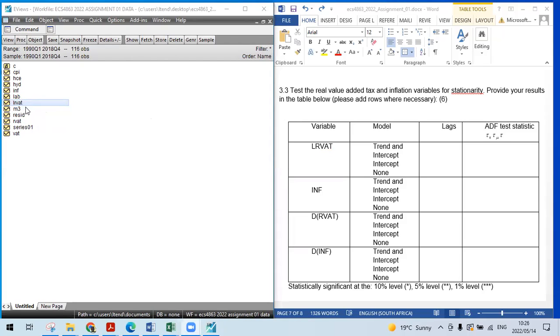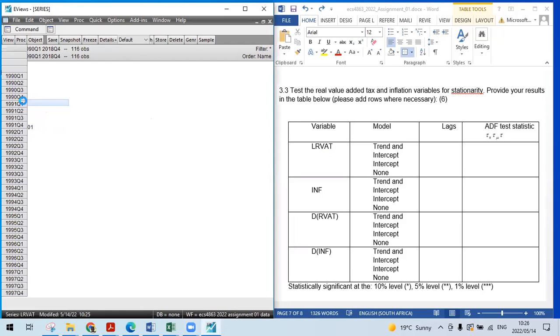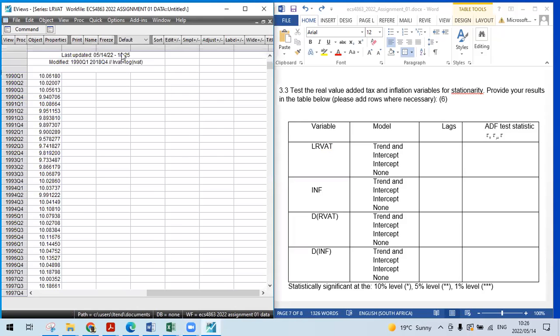I will double click on LRVAT. Because of pressure, sometimes we can make mistakes, so quickly check that you're on the right variable. That's the LRVAT.